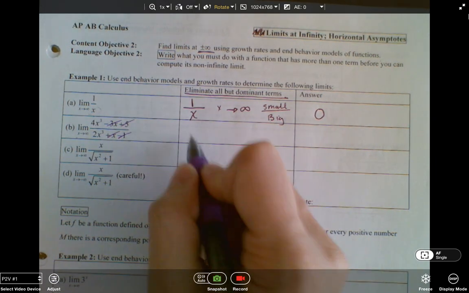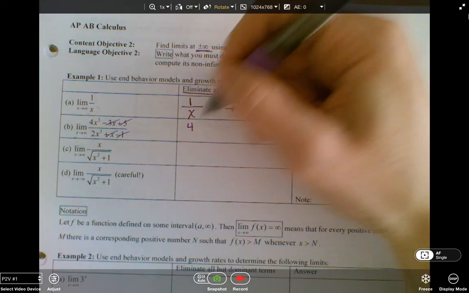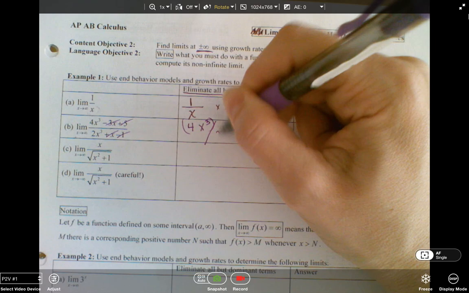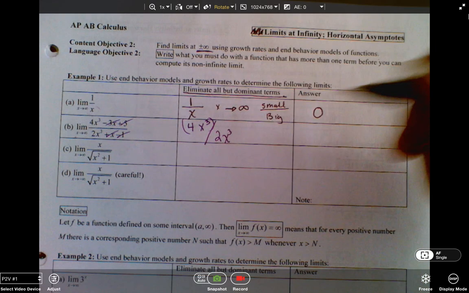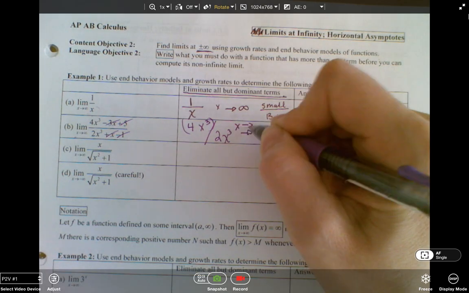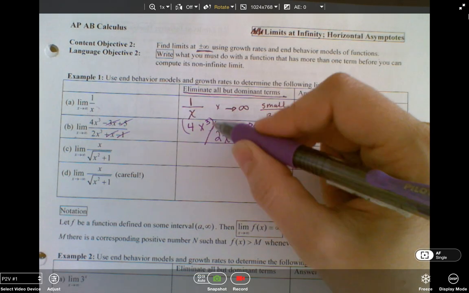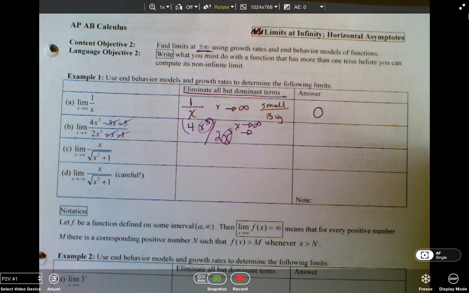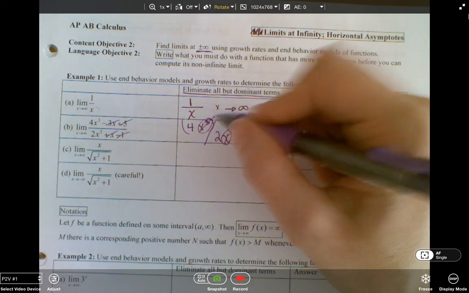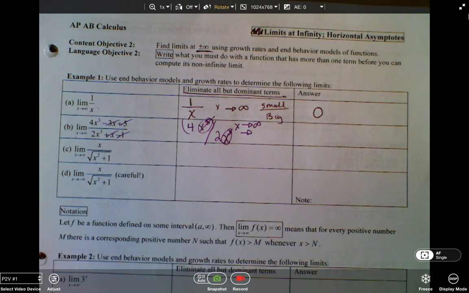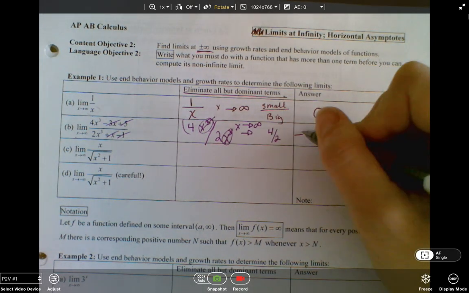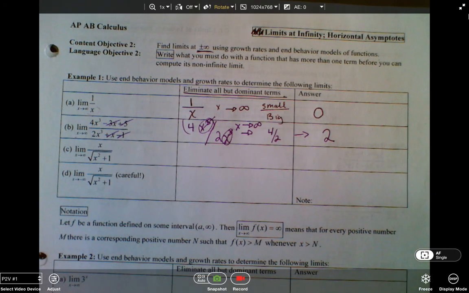So we're going to have 4x cubed over 2x cubed. So as x goes to positive infinity, this guy and this guy are going to grow at the same pace. So you'll have 4 infinities cubed over 2 infinities cubed. So these guys are going to reduce out no matter what they are, and we're going to be left with 4 over 2, which simplifies to simply a 2.